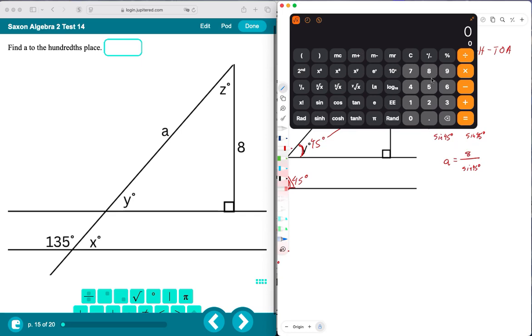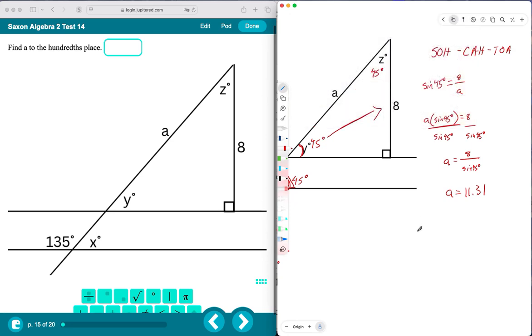So I'm going to put it in my calculator like this: 8 divided by, parenthesis, 45 sine, parenthesis, equals 11.313. So I'm going to round this to the hundredths place because it tells me to. So 11.31. A is equal to 11.31. All right. That's it. That's all I have to do. So we're done with that problem. Next problem.